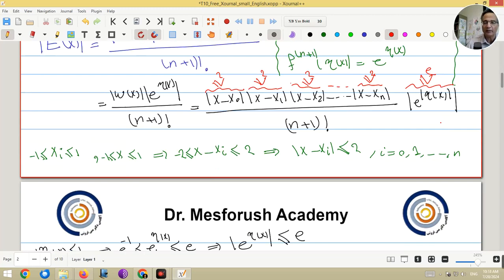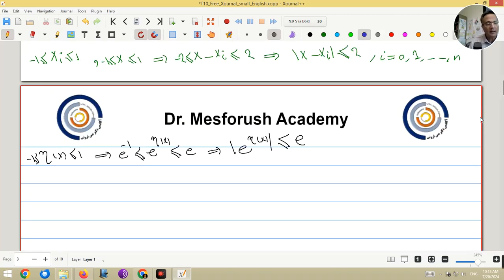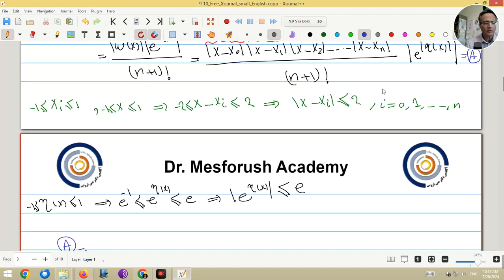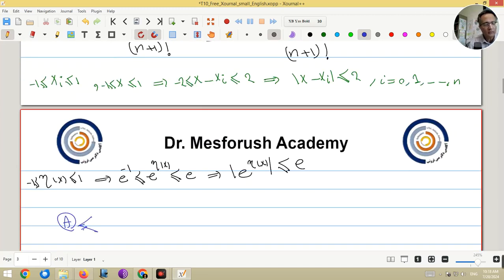So finally, we can conclude that here 2, 2, 2, 2, how many? n+1 of them, so it will be less than or equal to 2^(n+1) over (n+1)! times e.